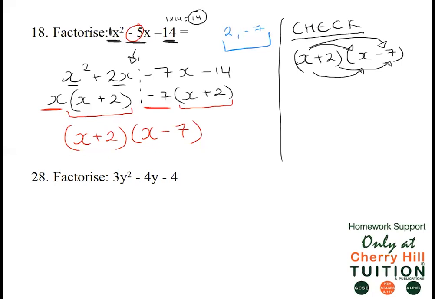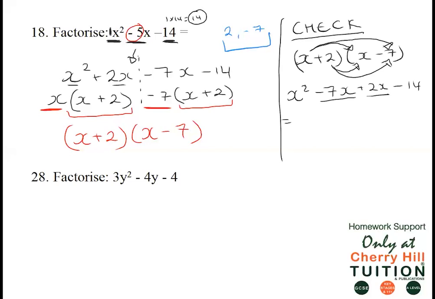Let's do this in steps, it might be a little easier. x multiplied by x is x squared, x multiplied by minus 7 is minus 7x, 2 multiplied by x is plus 2x, and 2 multiplied by minus 7 is minus 14. Minus 7x and plus 2x are like terms, so we can collect these: x squared minus 5x minus 14.